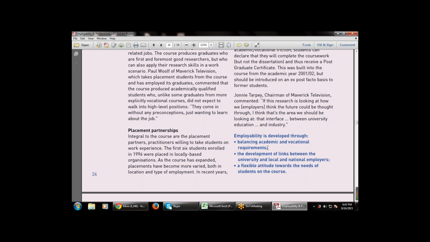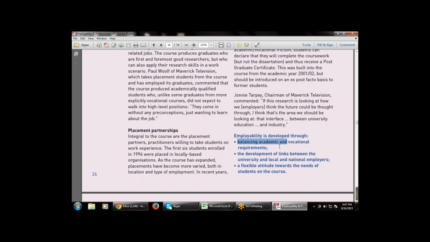So employability is developed through balancing the academic and vocational requirements, developing links between the university and local and national employers, and a flexible attitude towards the needs of the student on the course. So there will be a proper balance between the academic and the vocational requirements, and a proper partnership between the university and the local and national employers.